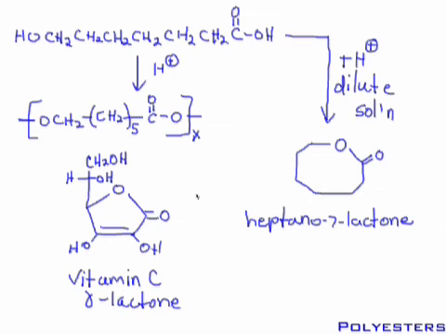Well, having mentioned that we can polymerize and make polyester molecules, perhaps the next thing we should look at, very important branch of organic chemistry industrially, is polyester chemistry. The reactions that produce polyesters.